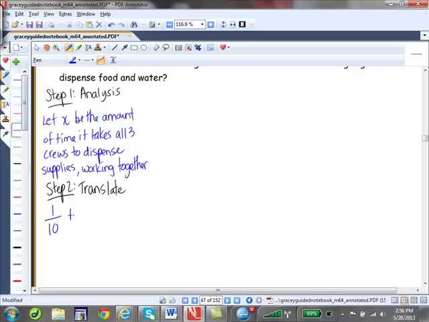The second crew in 1 hour would have 1/15 of the job done. And the third crew would have 1/20 of the job done in 1 hour. Working all together gives us the portion of the job all 3 would have done in 1 hour.